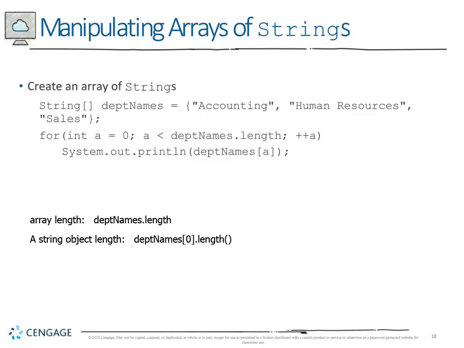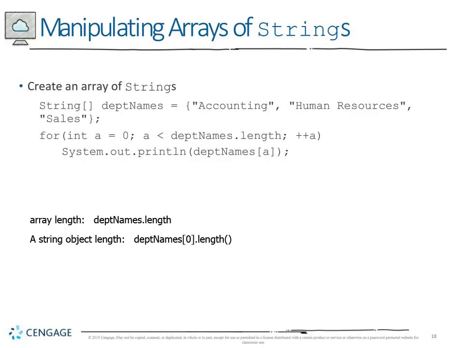So if we want to know the length of the array, it's a property. So we say department names dot length. For the string object, the length is a method. So whenever we access the index element, for example, the first element of the array, we say department names, then inside the square bracket, we put the index like 0.